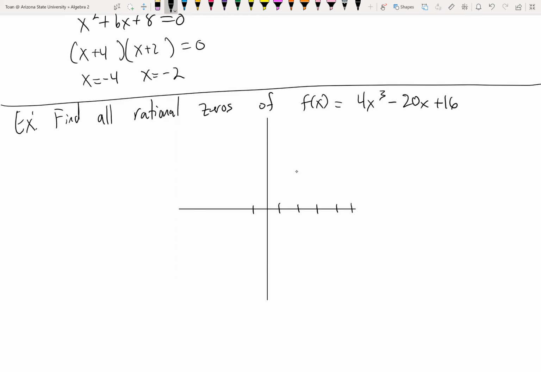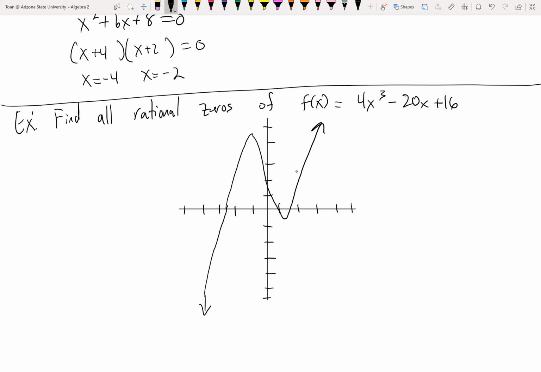It won't be super accurate, but it'll serve our purposes. If you were to have a graphing calculator or Desmos and you were graphing this, it would look something like this. It'll start in the bottom here, run up to here, all the way up here, then curl back down through here, and then through here, something like this.